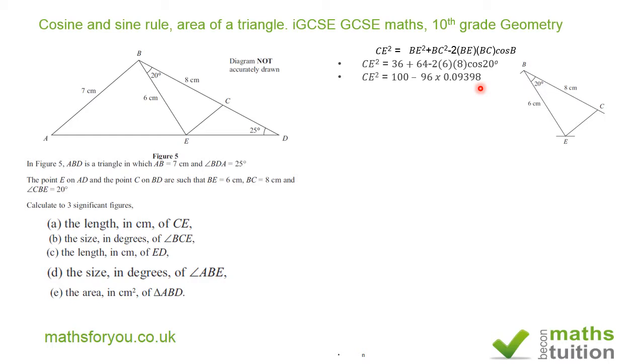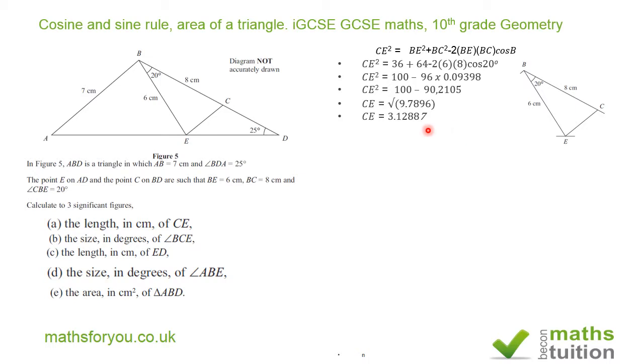Now we find this product, 96 times 0.93969, so we end up with 100 minus 90.2105. If you take the square root of both sides, CE then becomes the square root of 9.7896.